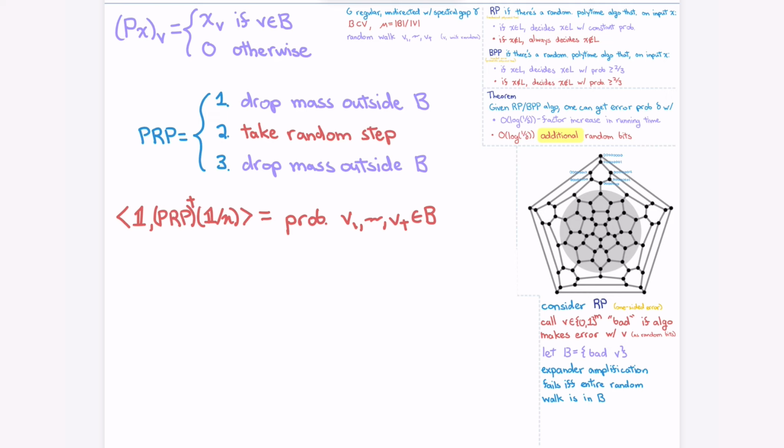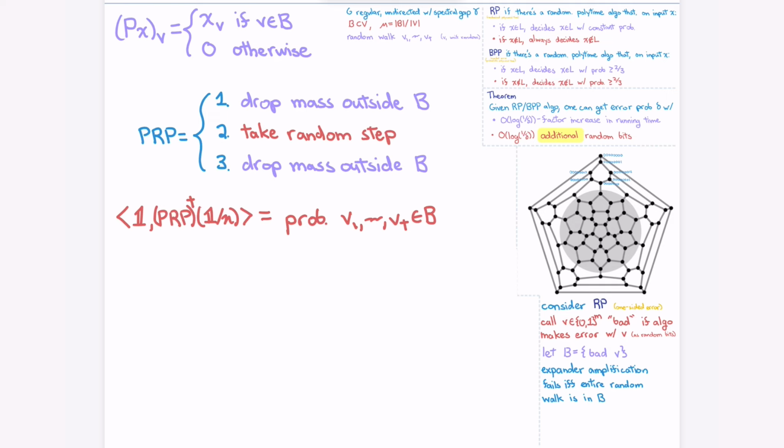So I uniformly sample a vertex, and then I take t steps and I want to know what are the odds that the entire walk stayed inside. So for example, just take t equals 1 first. So PRP times the uniform distribution.